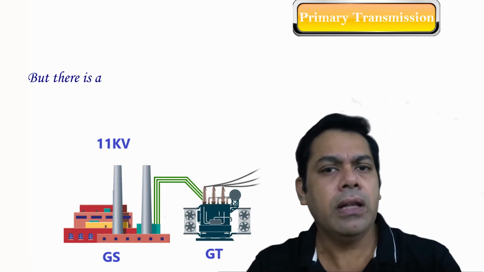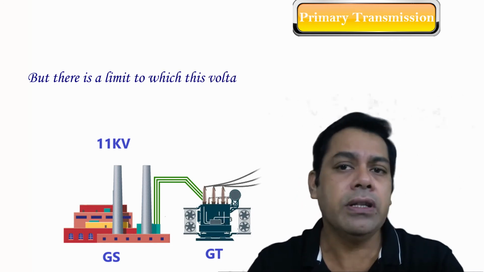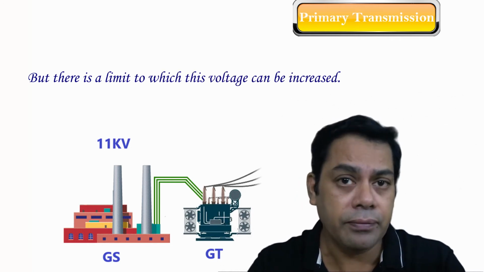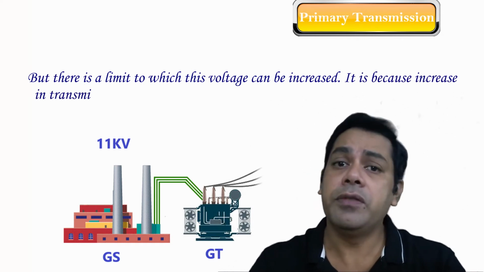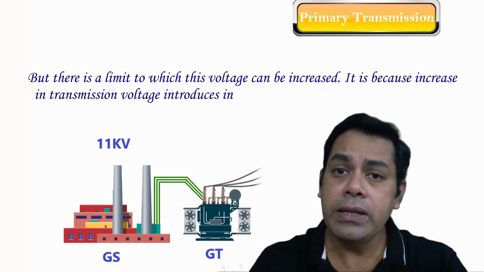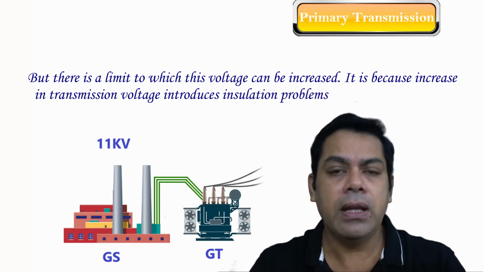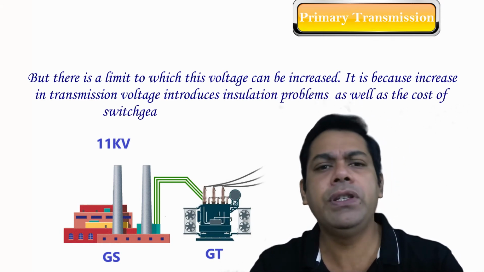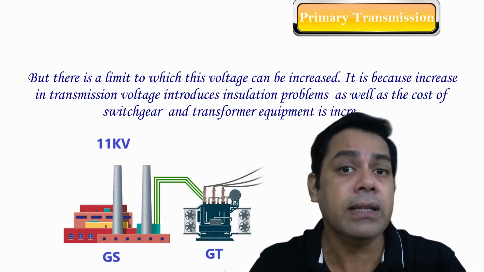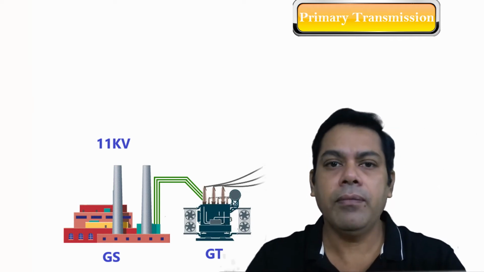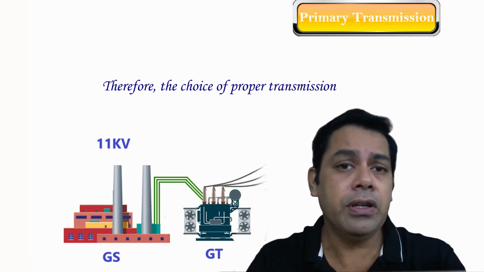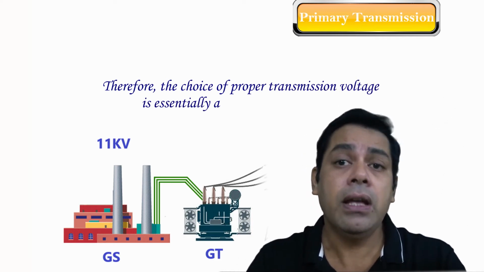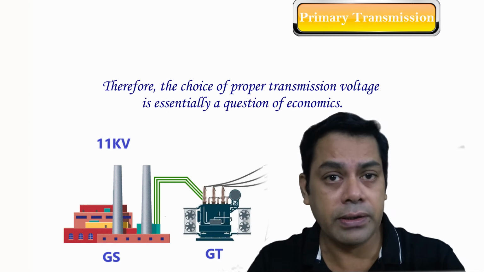But there is a limit to which this voltage can be increased. It is because an increase in transmission voltage introduces insulation problems, and the cost of switchgear and transformer equipment is also increased. Therefore, the choice of proper transmission voltage is essentially a question of economics.